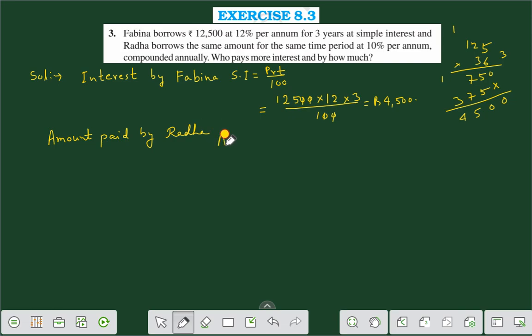That is A is equal to P into 1 plus R by 100, to the power n. Here the principal is the same, that is 12,500.